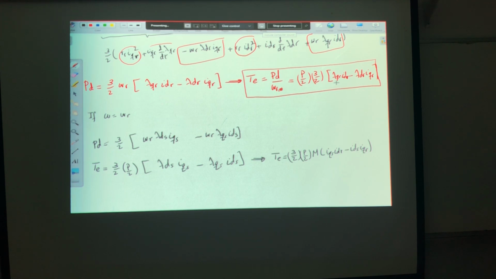Here it was described in terms of flux linkage and current. How can I go? Simply, for example, lambda qs equals what? You remember it? Ls iqs plus M, iqs plus iqr dash. The same thing here. So I can represent lambda ds and lambda qs in terms of the current. So I can get this one.